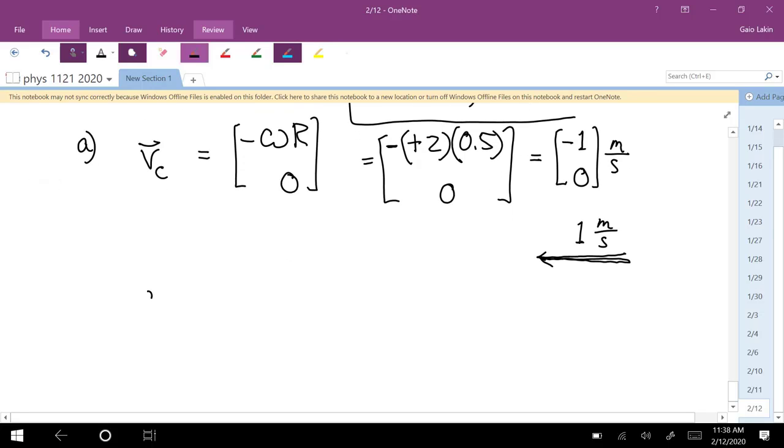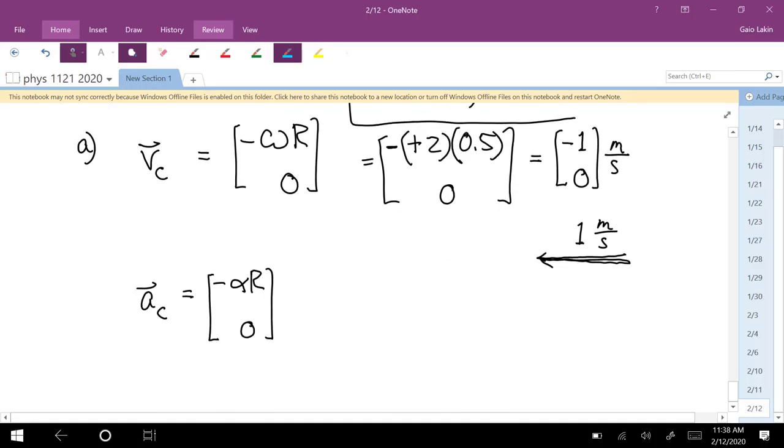So the acceleration of the center is negative alpha r, 0. So that's negative of, we have positive 10 for the angular acceleration, times 0.5, that's the radius, and 0.